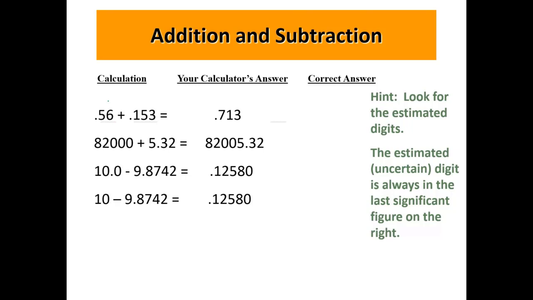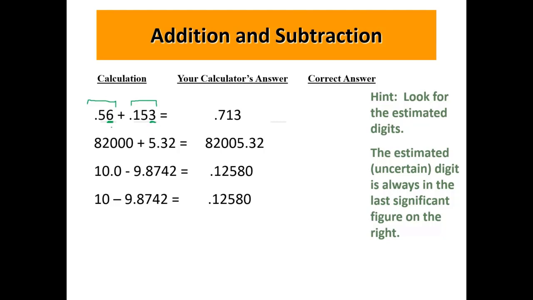So in this case, I'm looking at the 0.56. What's the last uncertain digit? What's the last significant figure in the 0.56? The 6. And that's in the 100th place, right? Yes. The last significant figure in the 0.153 is what? The 3. And that's in the 1000th place.